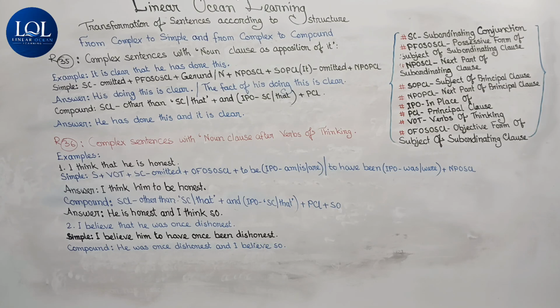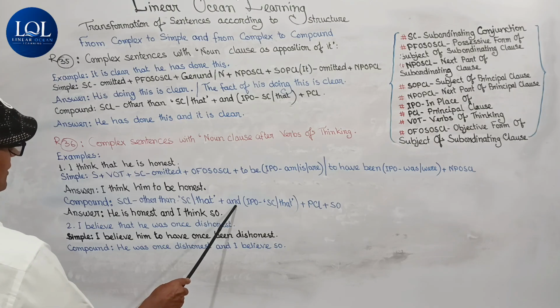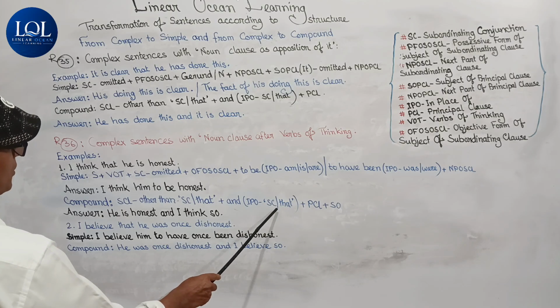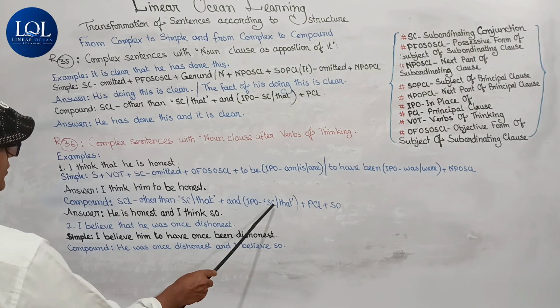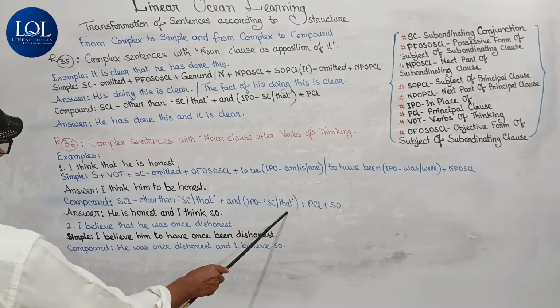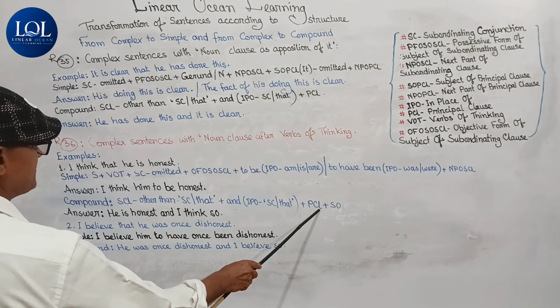Compound sentence: SCL other than SC, subordinating clause other than SC, that is subordinating conjunction or that. Here the subordinating conjunction is that, plus and IPO SC or that, subordinating conjunction or that, plus PCL.